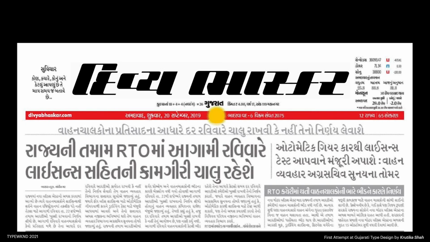Digging into understanding how the typeface would look in use across different touch points, I started creating mock-ups of real life application examples of the typeface. Like here, I've used the typeface in a newspaper header of Divya Bhaskar.